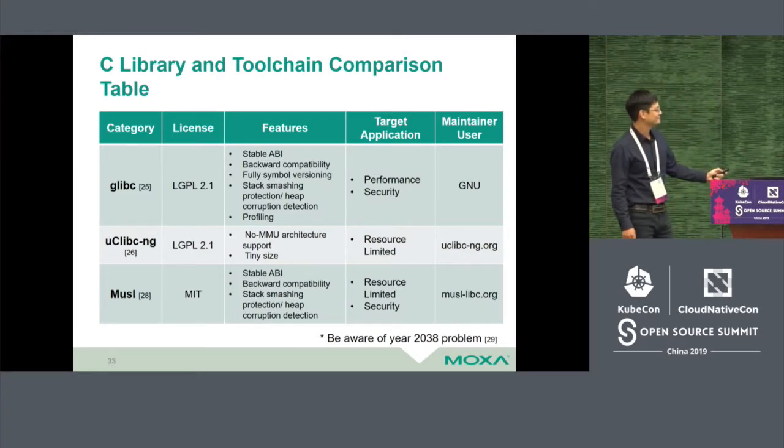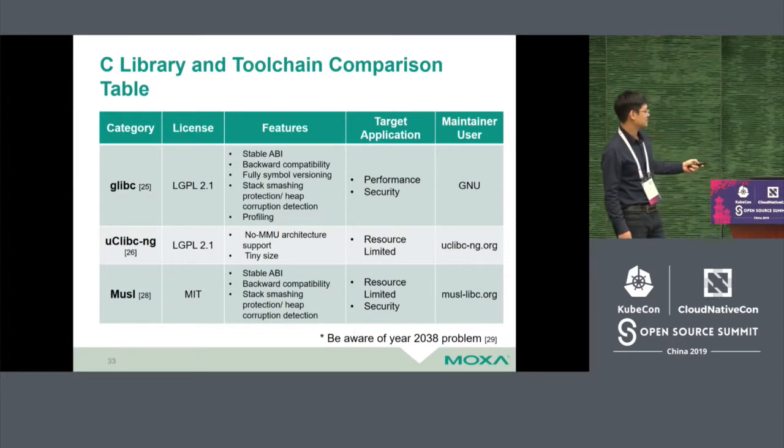For the others, the library is very important for the system. There are some open source projects there, for example glibc, uClibc-ng (Next Generation), and musl. Their licenses are quite different, and as you can see, they also have some different features.